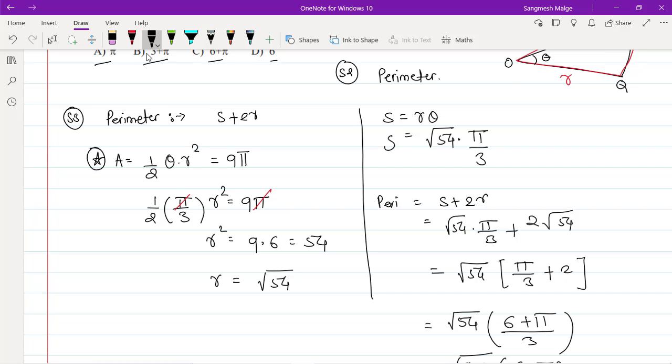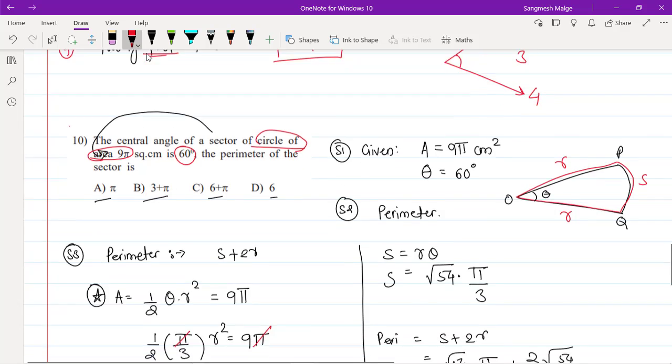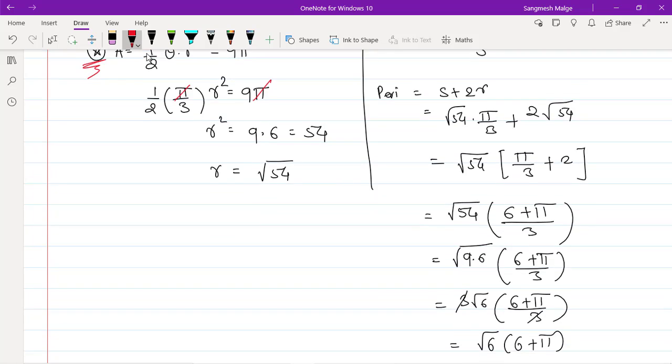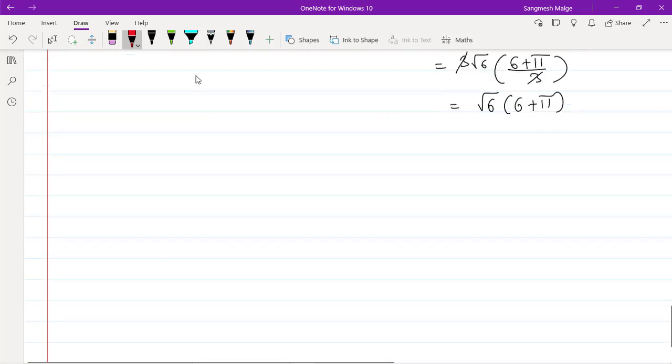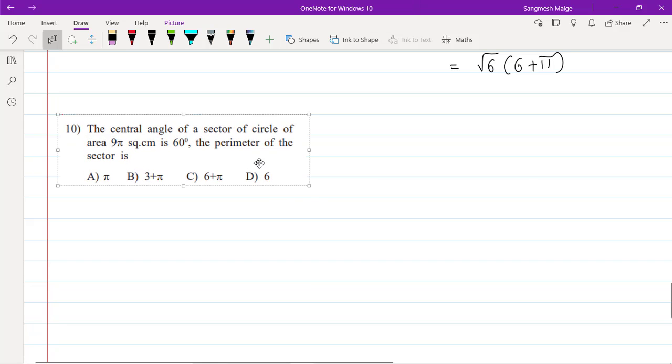This is not the area of a sector they have given. See here, this is the area of a circle, circle of area 9 pi. Okay, it is the area of the circle, it's not the sector area. Let's take that question and let me recheck whether it is correct.